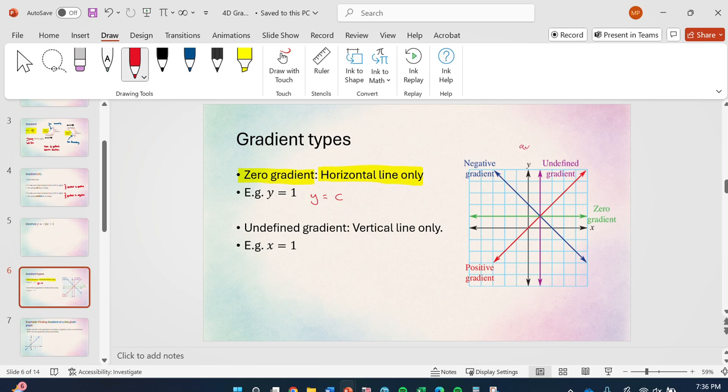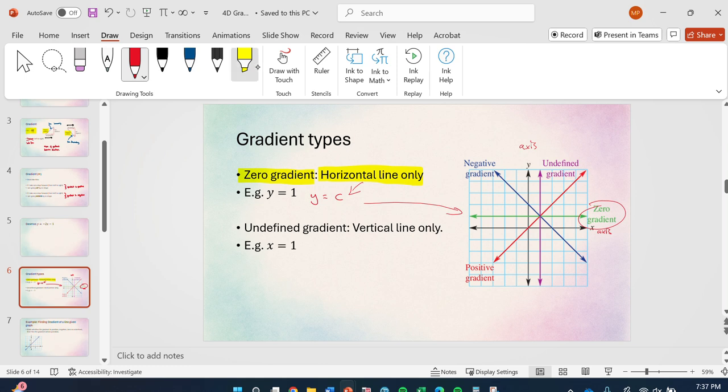This is my axis right here. For my green line, I can see that it's just going horizontally across. So my general equation is y equals 1 in this case, okay? So every time you see a horizontal line like this, it's a zero gradient, okay? That's what you need to know. So horizontal line.